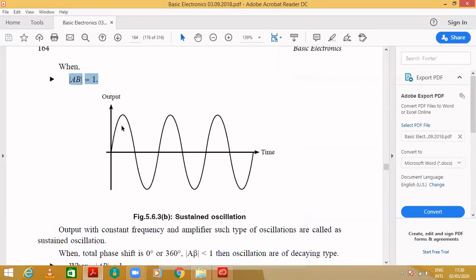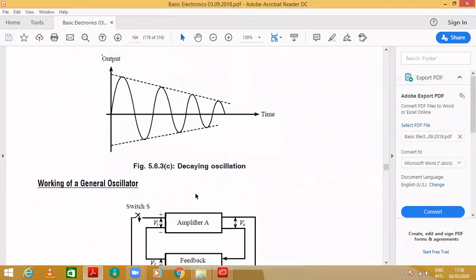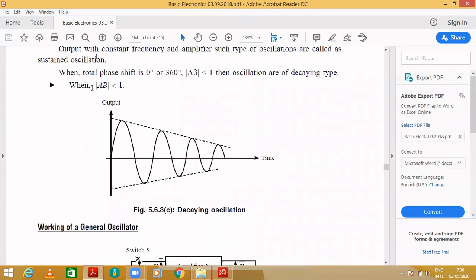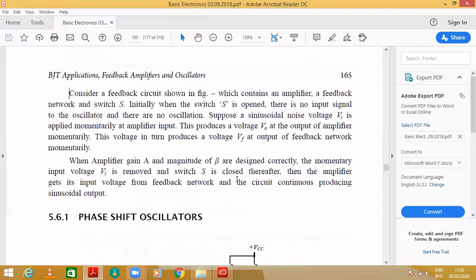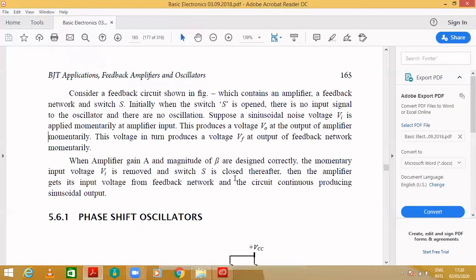Next, it is satisfying the first statement, that is 360 degree, but for the second statement A beta is less than 1, so it goes on decreasing. It is decaying. Okay, this is about the working of an oscillator, which I already explained.